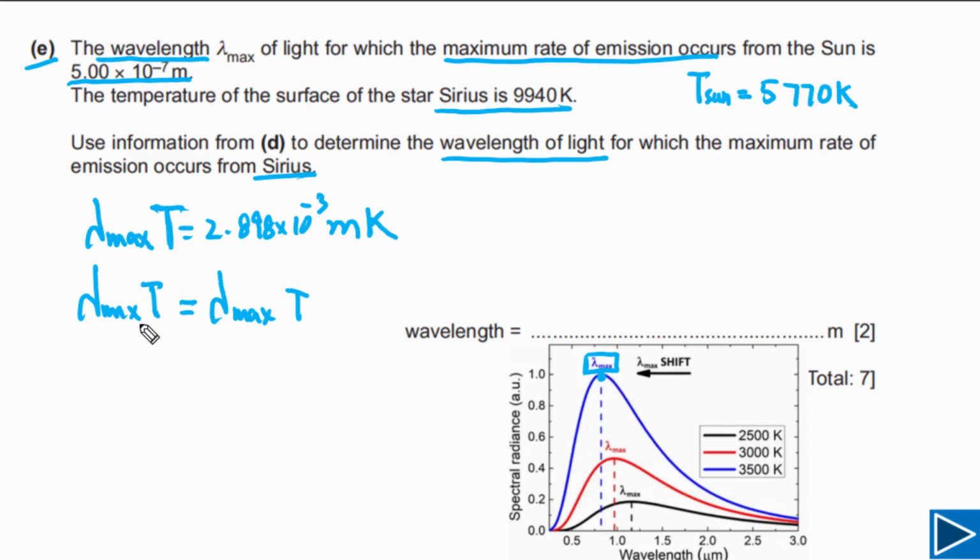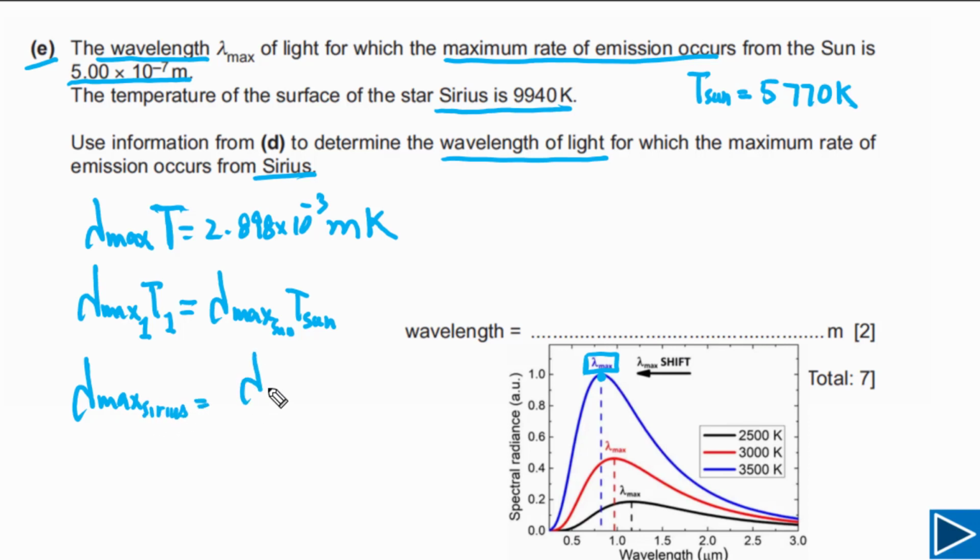So for the star I will use 1, and for the sun I will use S. We have to find out lambda max 1, which is for Sirius, the star.